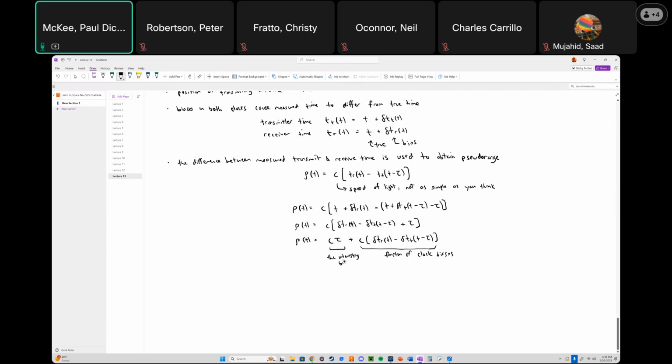Really, c tau is then itself equal to the range distance. So we've got rr of t minus rt of t, what we're actually after. And then there's all of these delays. So there's also a delay because of the interplanetary medium. There's a delay because of the ionosphere.